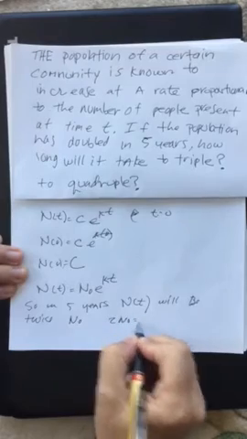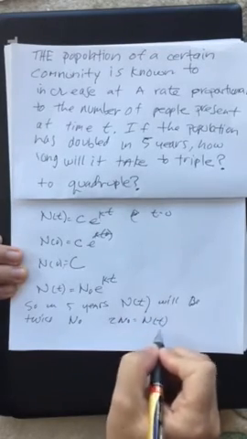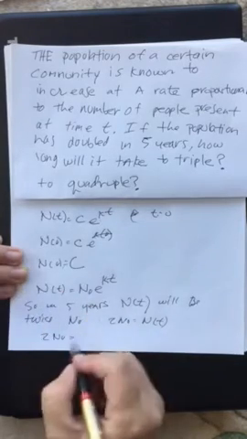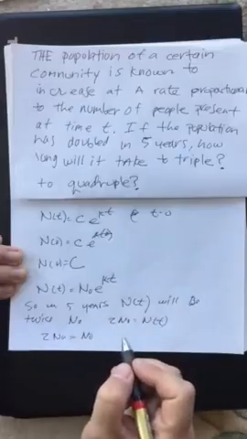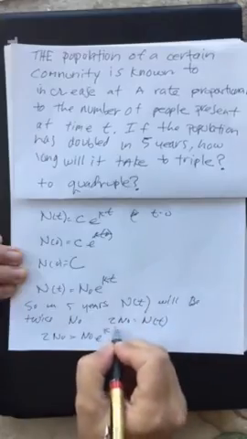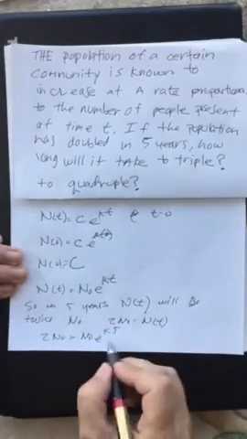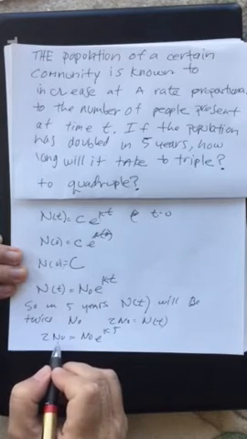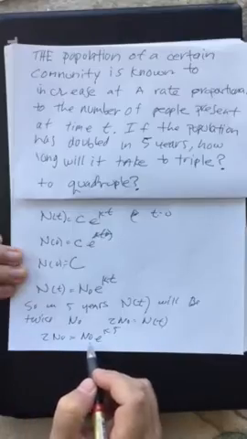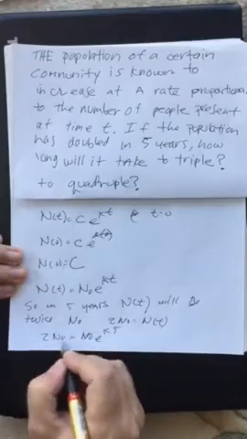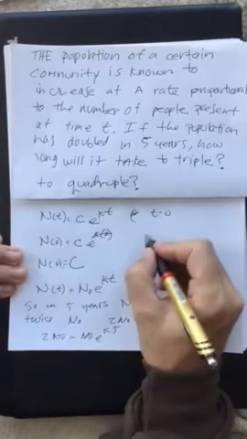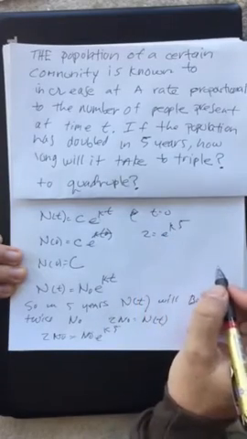So 2 N naught equals N naught times e to the k times 5. At t equals 5, the population is 2 times the original population size at t equals 0. These N naughts cancel out, so we have 2 equals e to the k5.